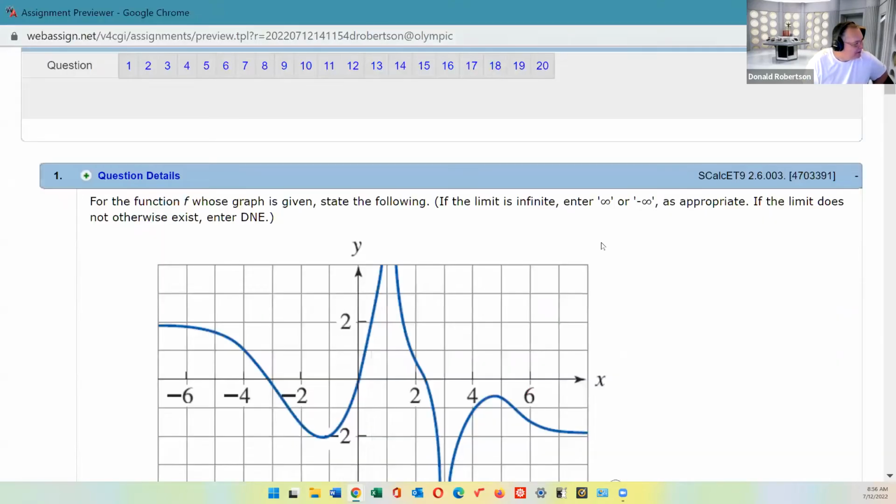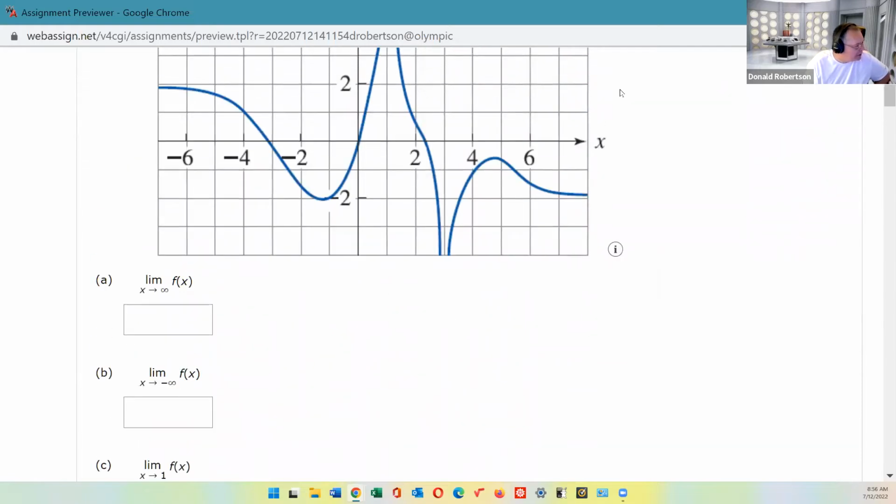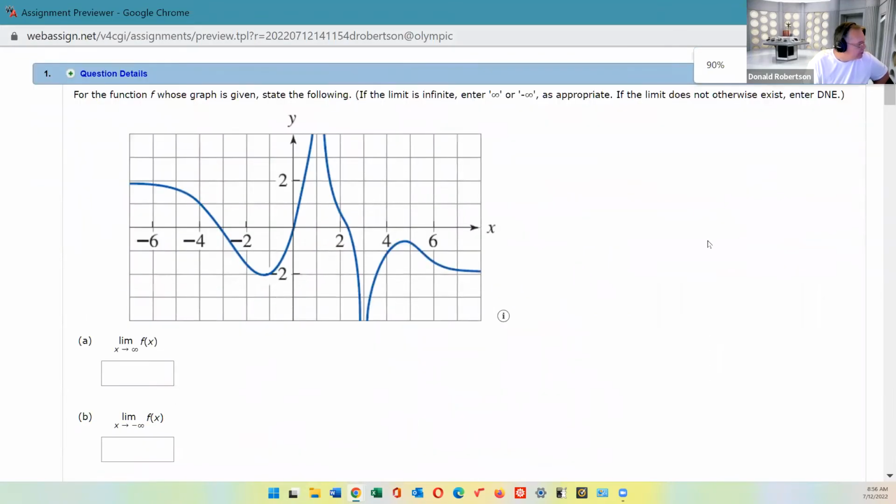And can you see question 1 now? Are you looking at question 1, which has got a lot of graph? In this graph, we are simply just going to look at the picture. I might have to shrink this a little bit, so hopefully you can still see it. We're going to shrink this picture and find out what the limit should be.